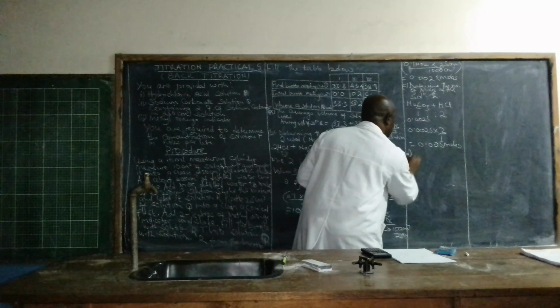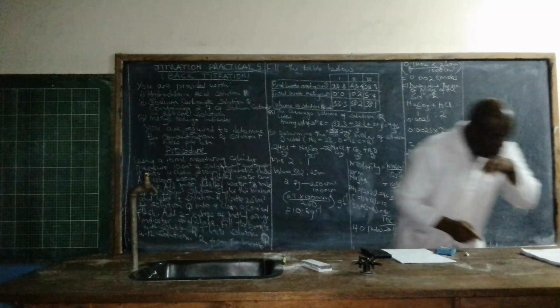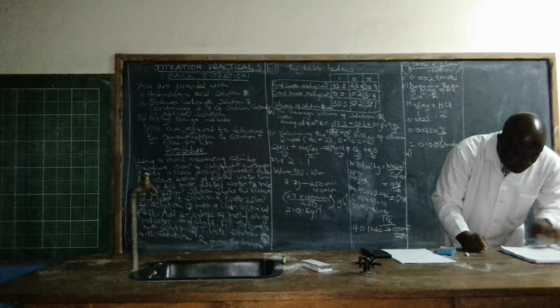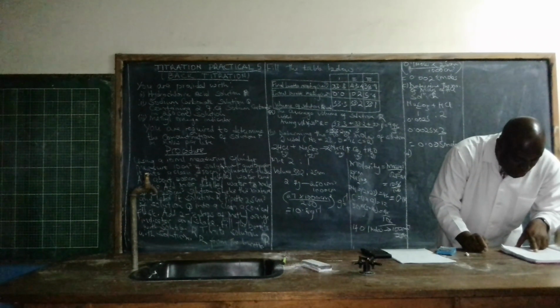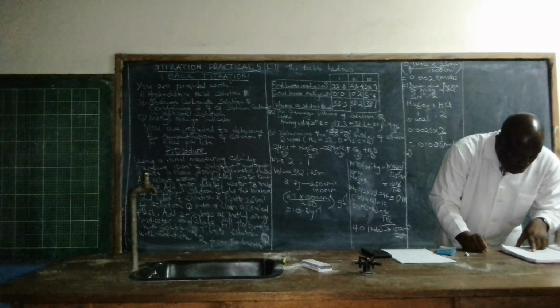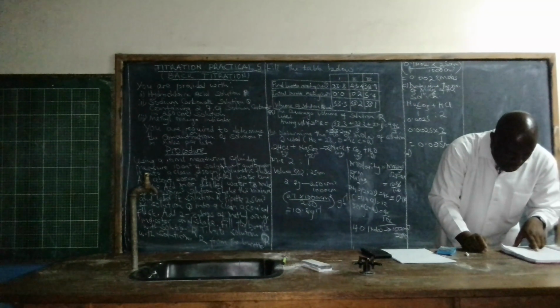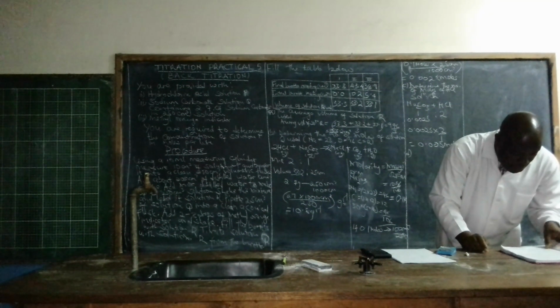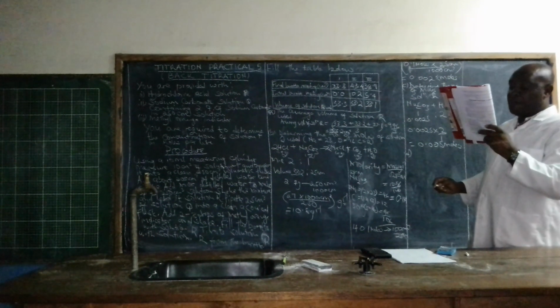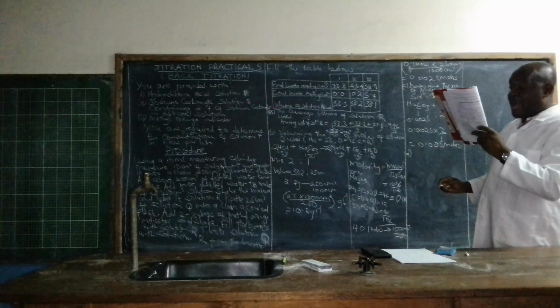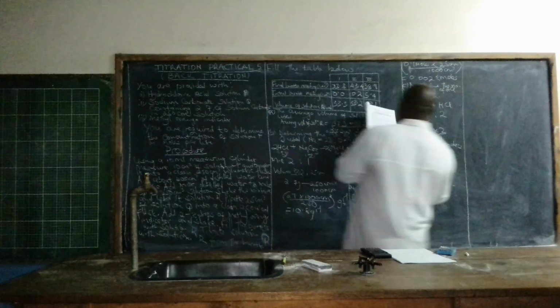Then D. For D, we have been told to calculate the number of moles of R in 250 cubic centimeters of the solution.